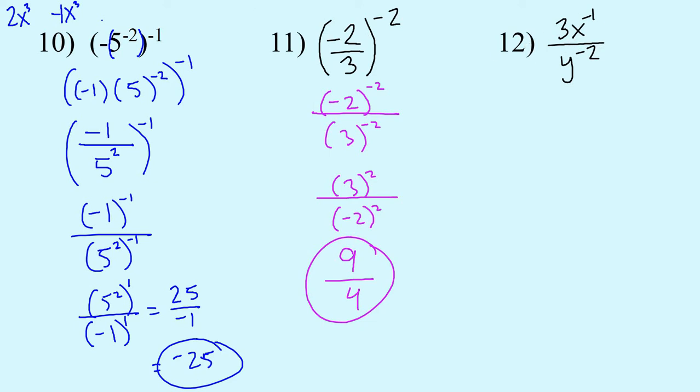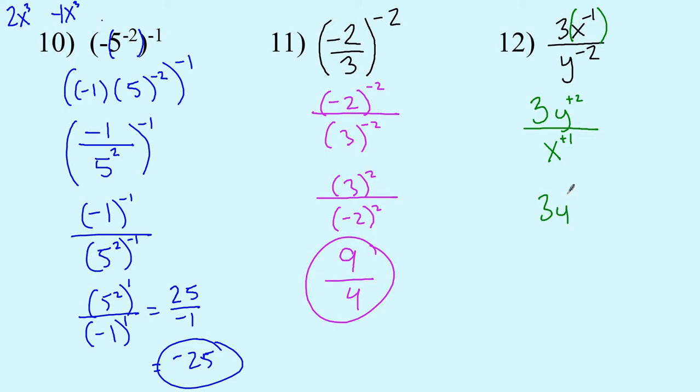All right, so number 12. Here, remember only the x is being raised to the negative 1. So when we flip things, the 3 is actually going to stay on top. The x is going to move to the bottom and become positive 1, and the y is going to move to the top and become positive 2.